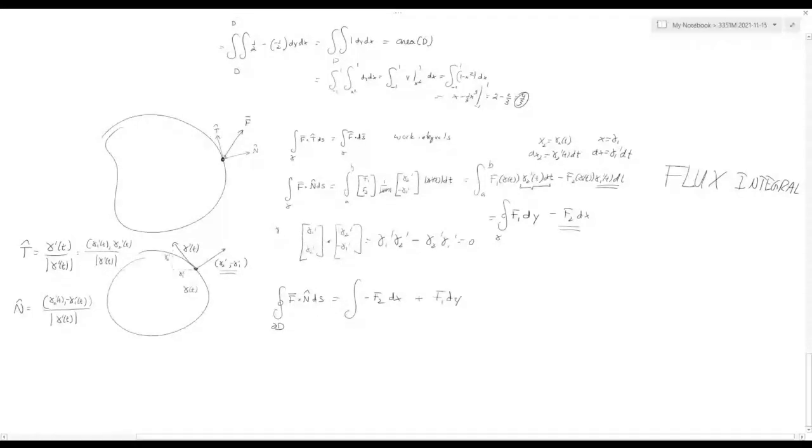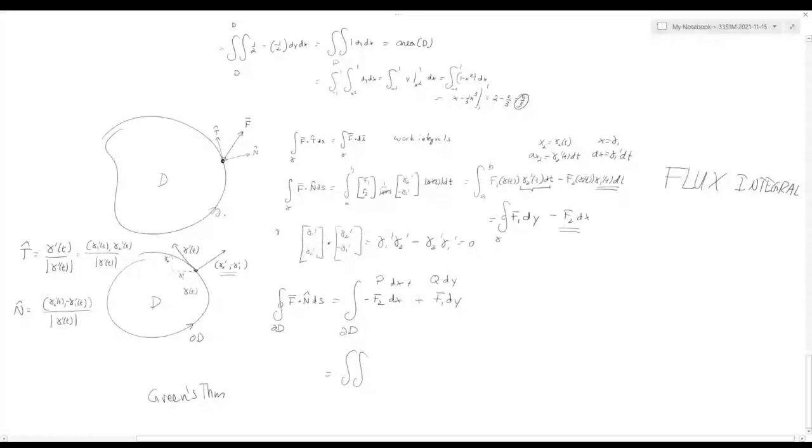And so Green's theorem might apply here, right? We think of this as p dx plus q dy. So according to Green's theorem, it should be the same as the double integral over the enclosed region D.